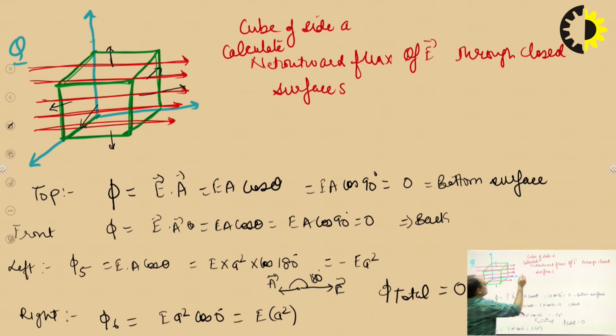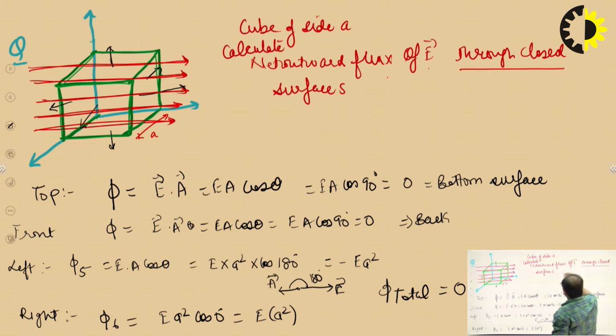If the side of the cube is A, calculate the net outward flux of E vector passing through a closed surface S. So the net outward flux will be equal to what?